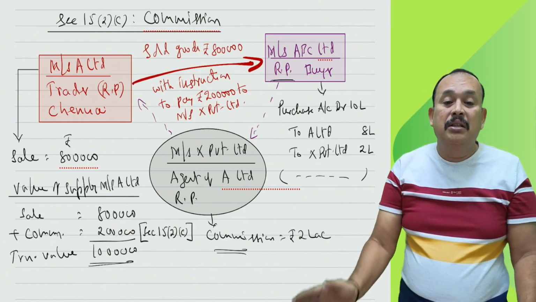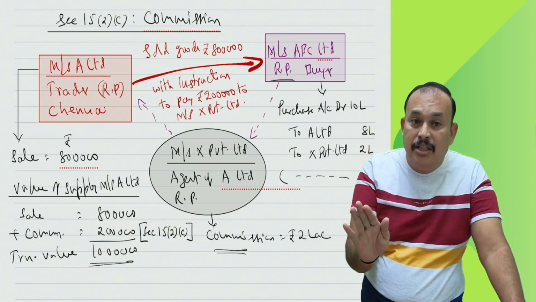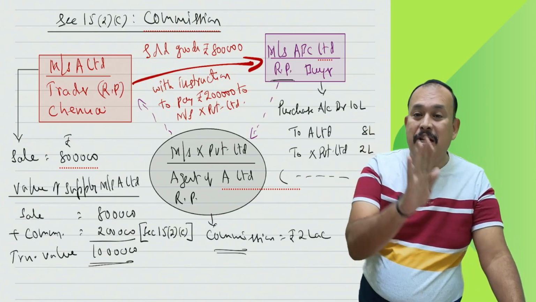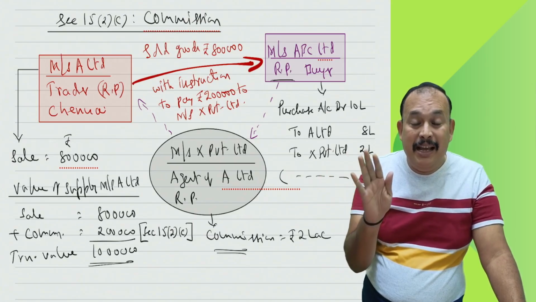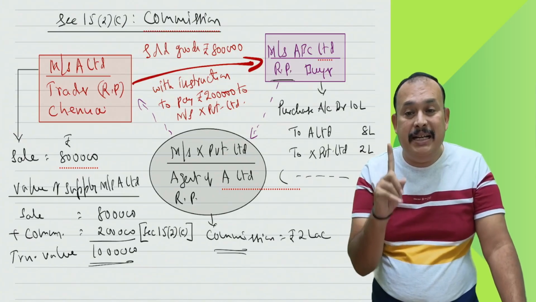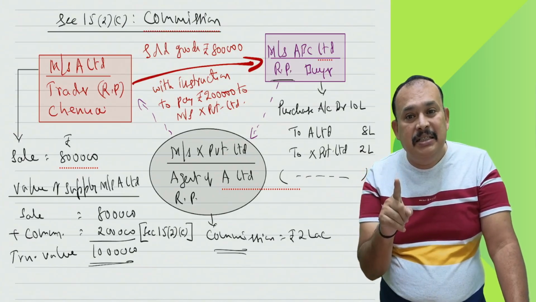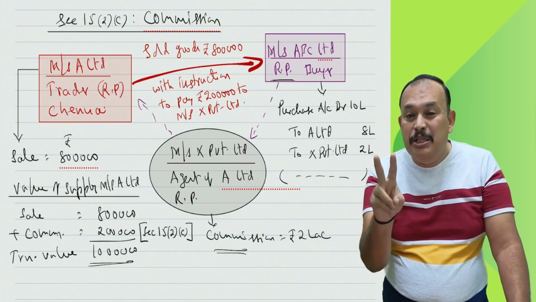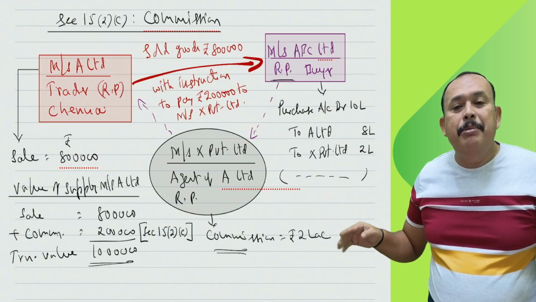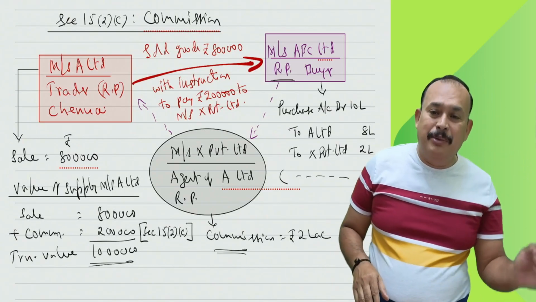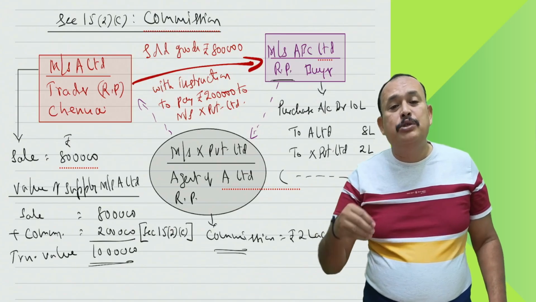That means the worth of the goods sold by A Limited to ABC Limited is 10 lakhs, but the selling price A Limited shows in the invoice is 8 lakhs, with the instruction: "Hey ABC Limited, please pay 2 lakh rupees on behalf of me to X Private Limited." So ABC Limited paid 2 lakh rupees to X Private Limited and 8 lakh rupees to A Limited.